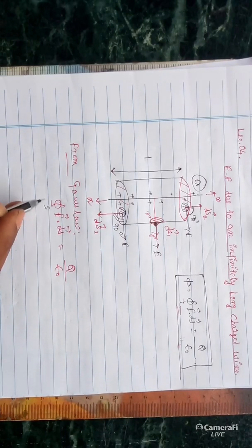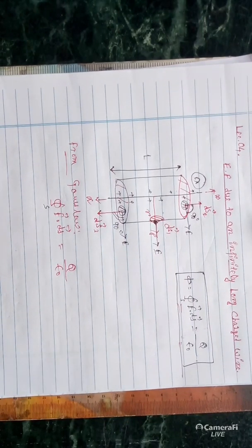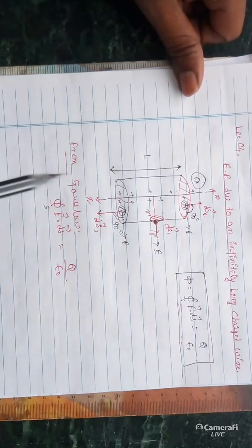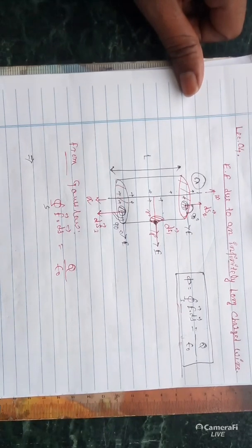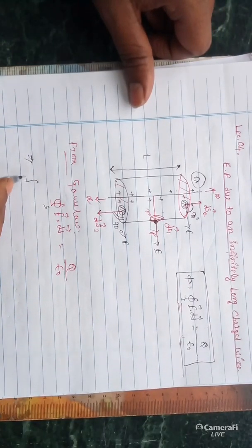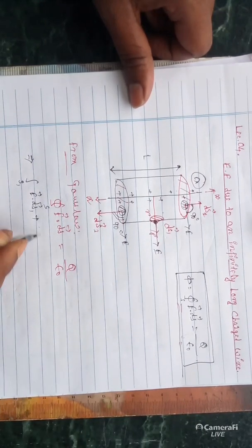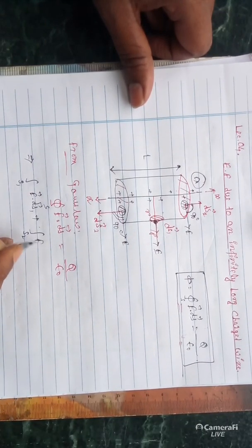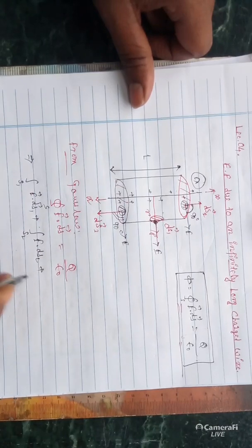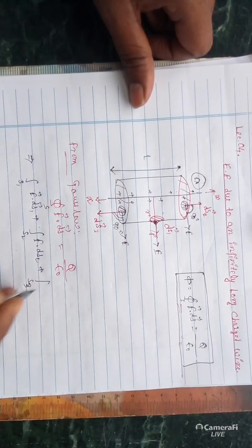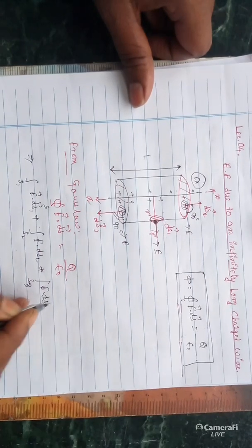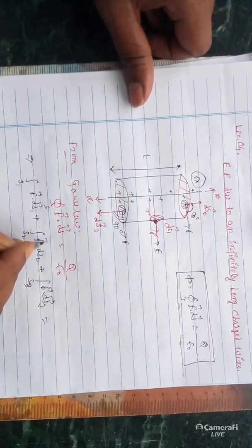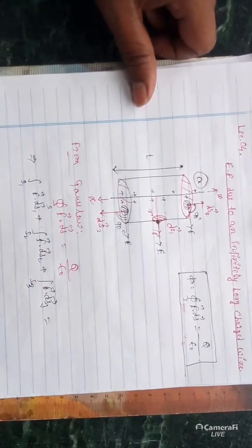The total surface integral of E dot ds, you can split into three parts: E dot ds1 over surface S1, plus E dot ds2 over surface S2, plus E dot ds3 over surface S3, is equal to the total charge inside the surface.